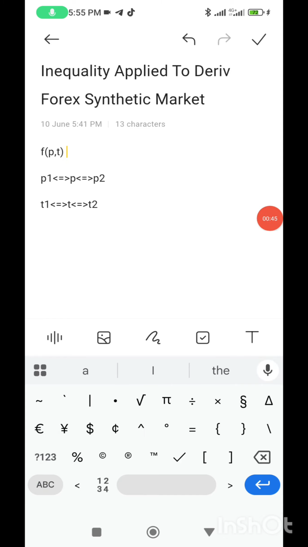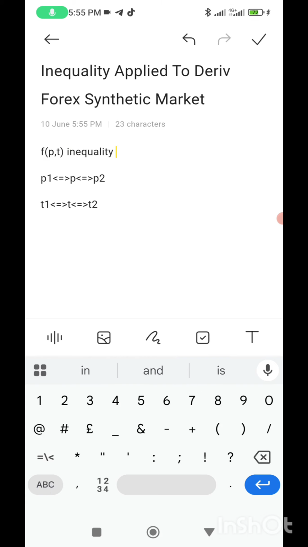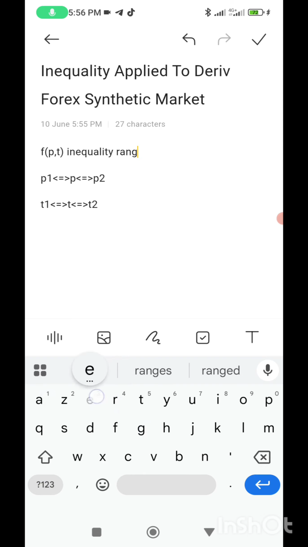So we are not going to use the equality sign, we are going to use inequality, to some ranges. So for some ranges, this price function is defined. So we now have price 1 inequality price 2 at time 1 inequality time 2.